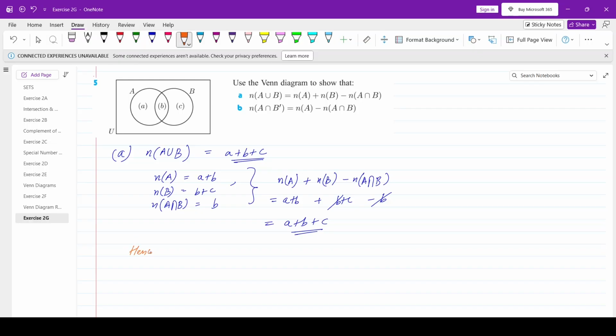Hence the number of elements in A union B is going to be equal to the number of elements in A plus the number of elements in B minus the number of elements in A intersection B. Hence shown.